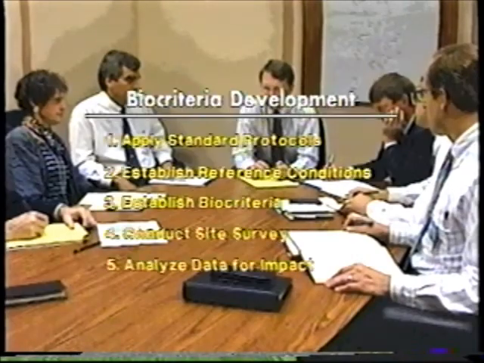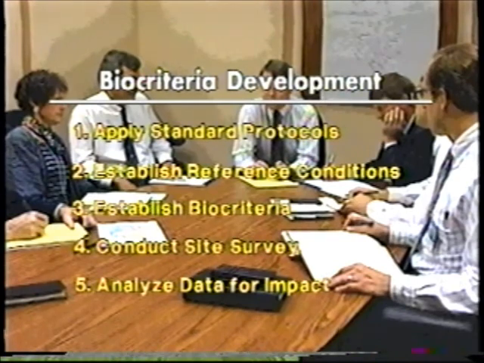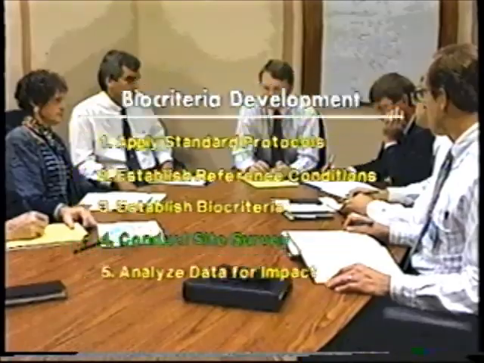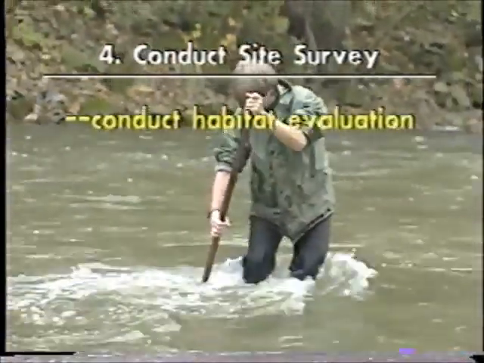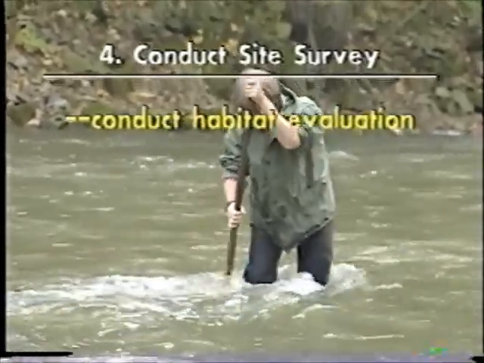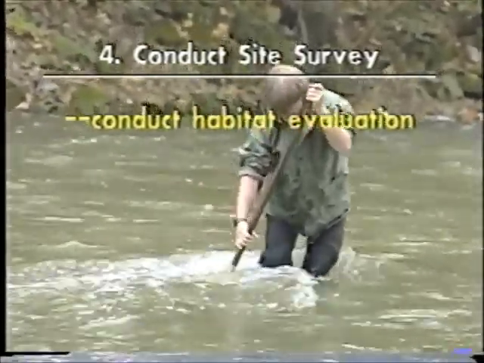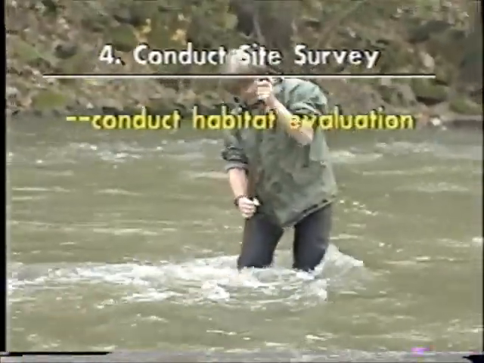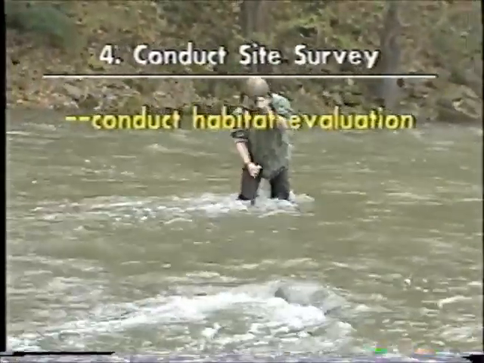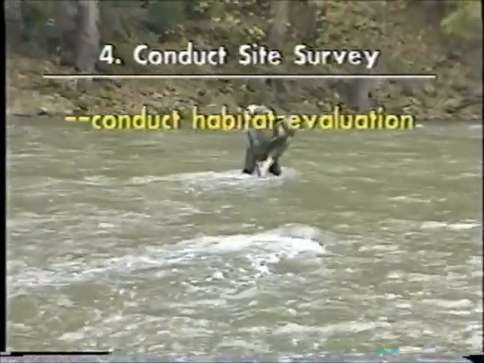So, after the biocriteria have been set, the state or Indian tribe conducts a site survey of the subject water body for subsequent comparison with the appropriate biocriteria that have been established in Step 3. To do this, a habitat evaluation must also be conducted to determine whether the physical environment at the subject water body sampling site is comparable to that of the reference site from which the biocriteria were derived.